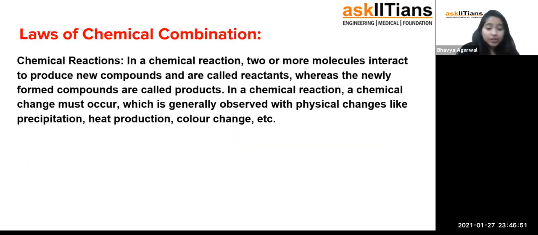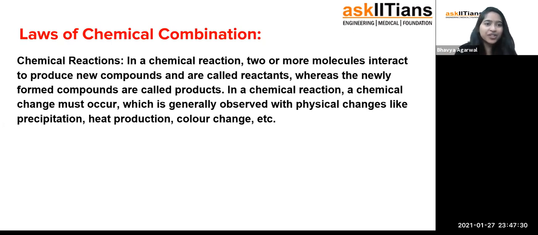All right. So now let's come to the chemical combination part. Whenever the term chemistry comes to your head, the things which come to mind are the chemical reactions occurring around you, right? For instance, when you cut an apple and keep it on your study table thinking you'll eat it after some time, but you forget, what happens?